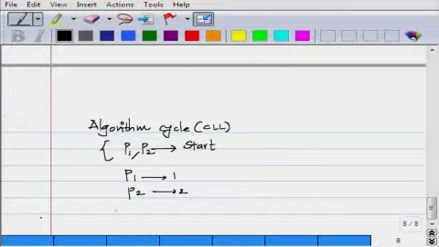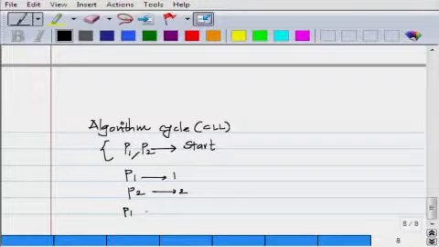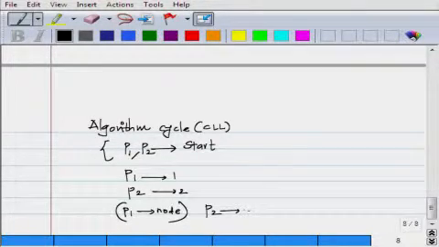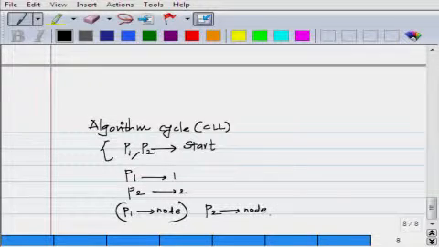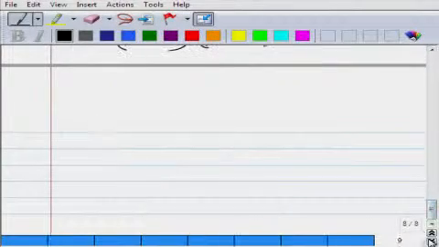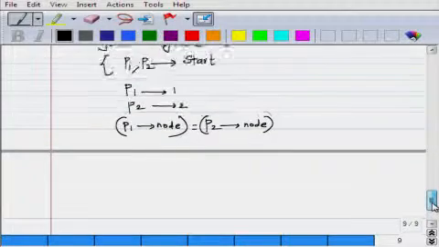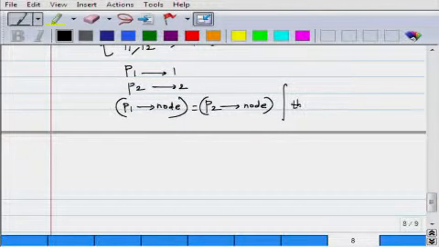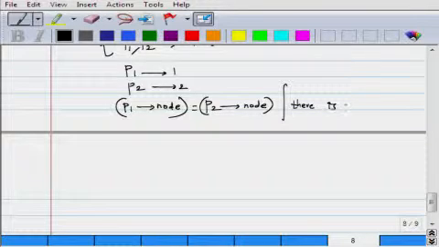Then somehow P1 pointing to some node and P2 pointing to some other node, they are going to become equal, they are pointing to the same node. Then we are identifying, or assuming, that there is a cycle.